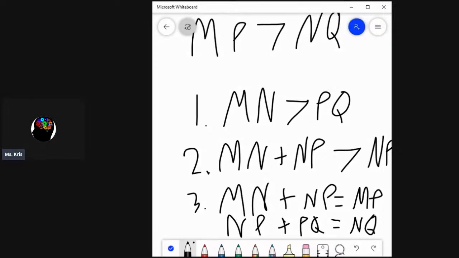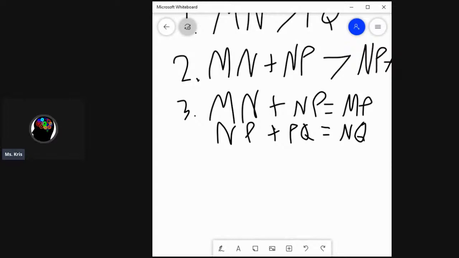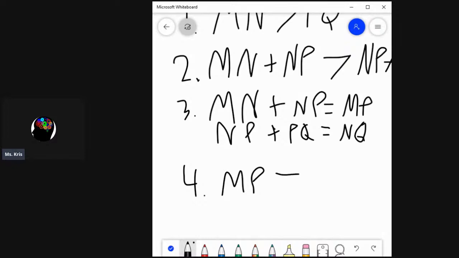So once we define those based off of the segment addition postulate, all we have to do now is substitute MN plus NP for MP and NP plus PQ for NQ to prove that if MN is greater than PQ, then MP is greater than NQ.